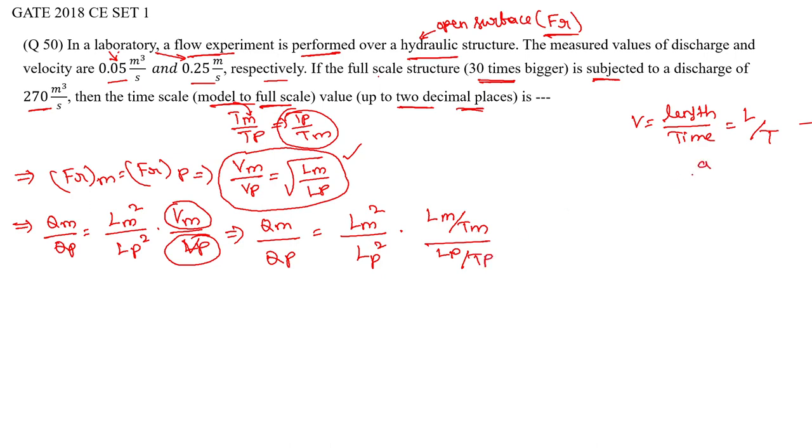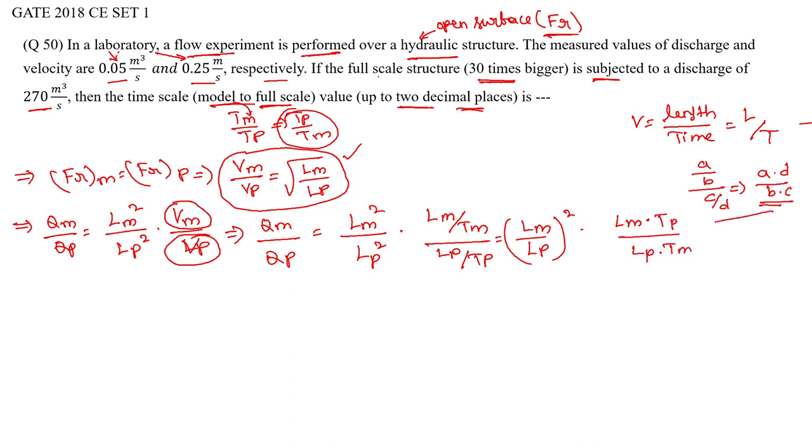All of you know, A by B equal to C by D, how does it become? AD divided by BC. I hope you know all these things. So it will be Lm by Lp whole square into Lm into Tp divided by Lp into Tm from this equation.